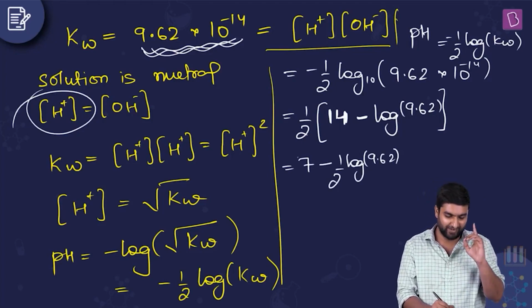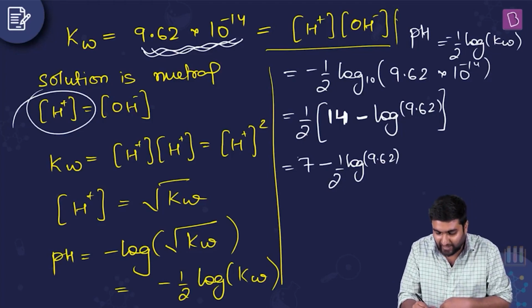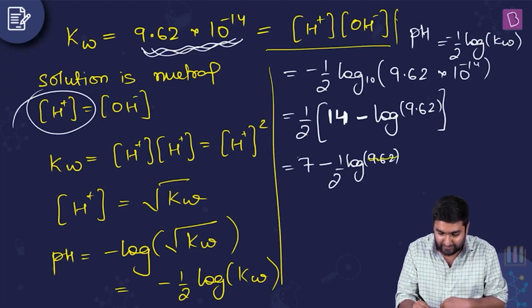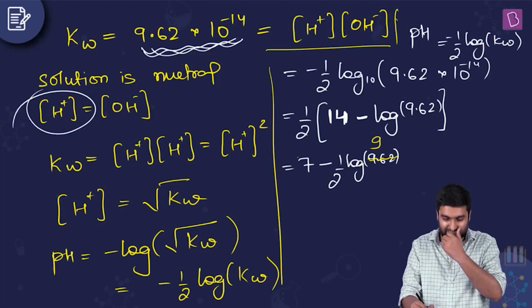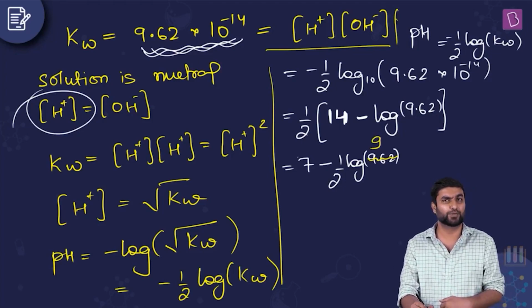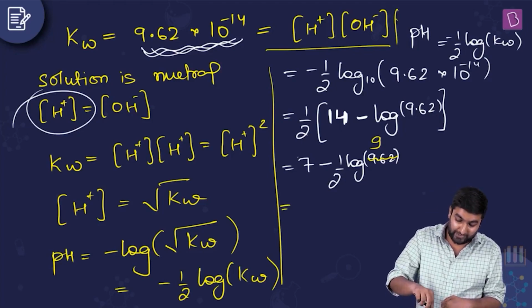Now, I'm going to make an approximation and I want your permission to do that. Can we please approximate 9.62 as 9? But sir, why do you want to do that? Well, because it will be super easy for me.